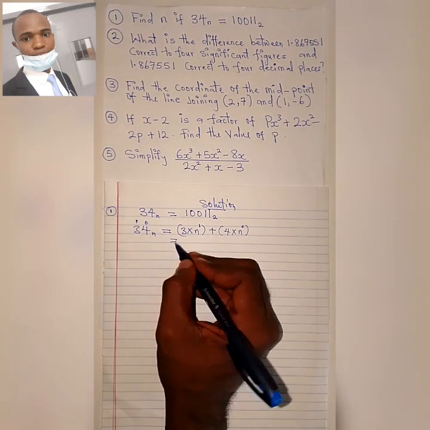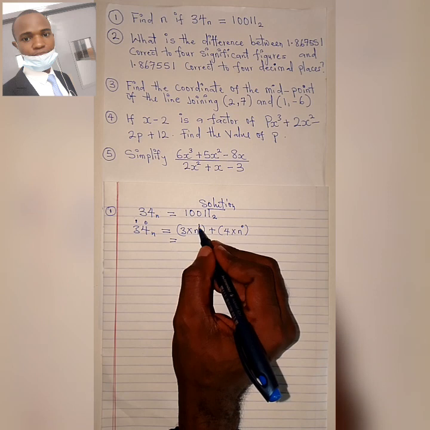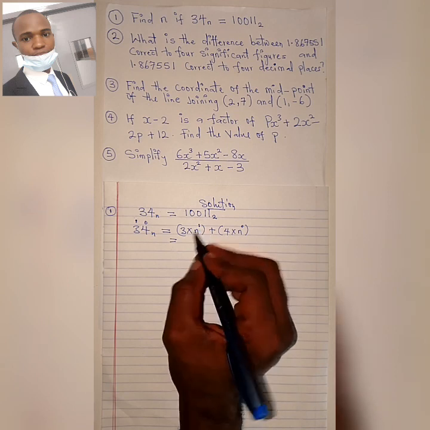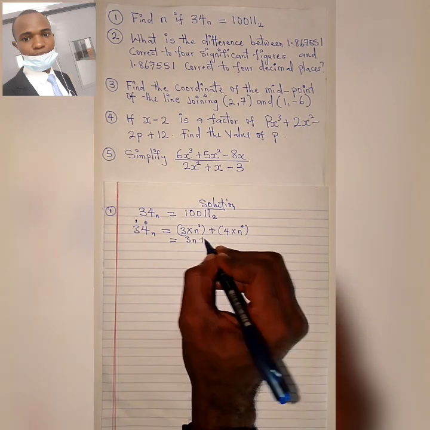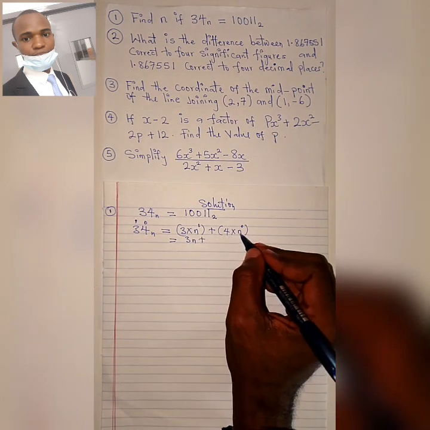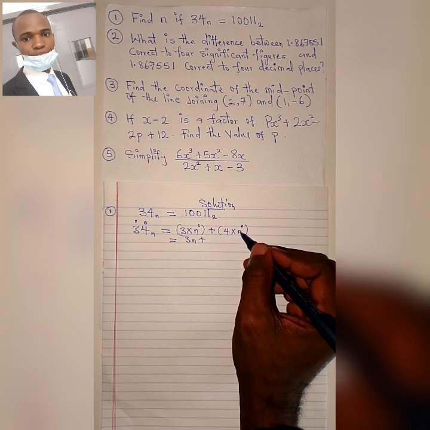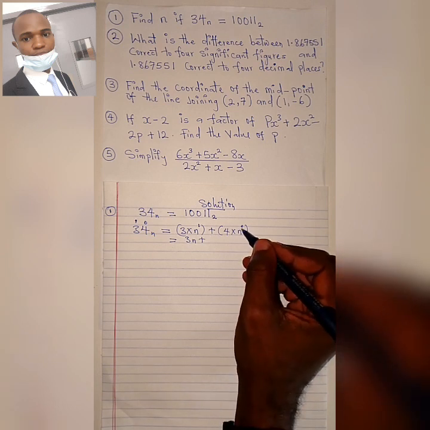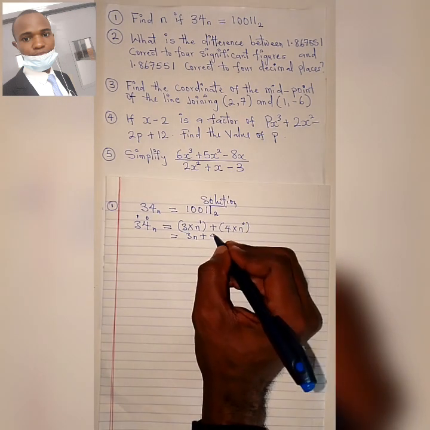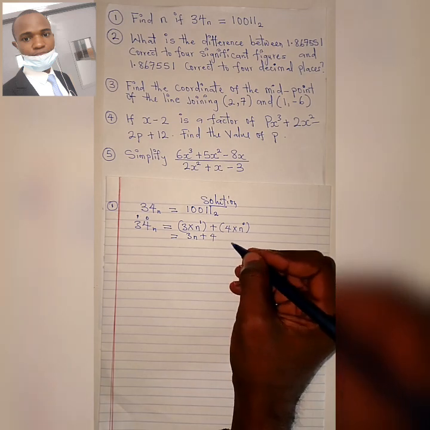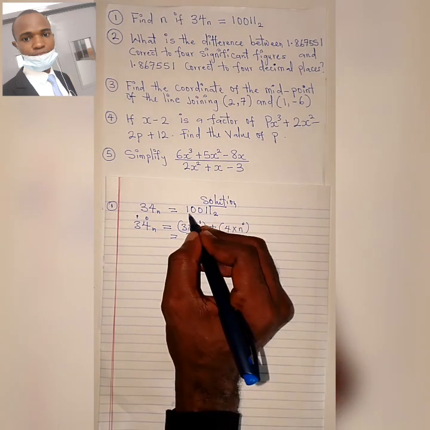So n raised to power 1 is n, so 3 times n gives us 3n, plus, anything raised to power 0 is 1 in the law of indices. So 4 times 1 gives us 4.